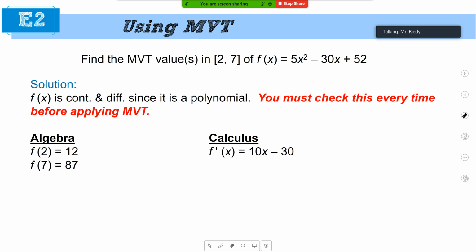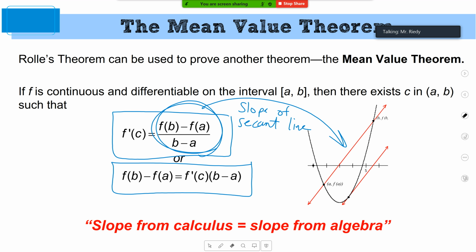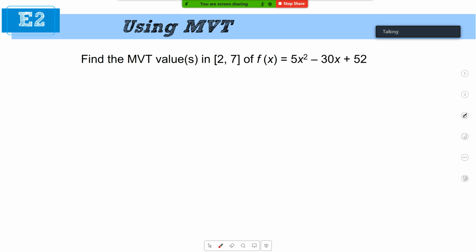Do a little more algebra and calculate the slope of the secant line, which gives me 15. For those of you that are visual learners, that 15 represents the slope of this line right here. And now I have to find the point where this line would also have a slope of 15.